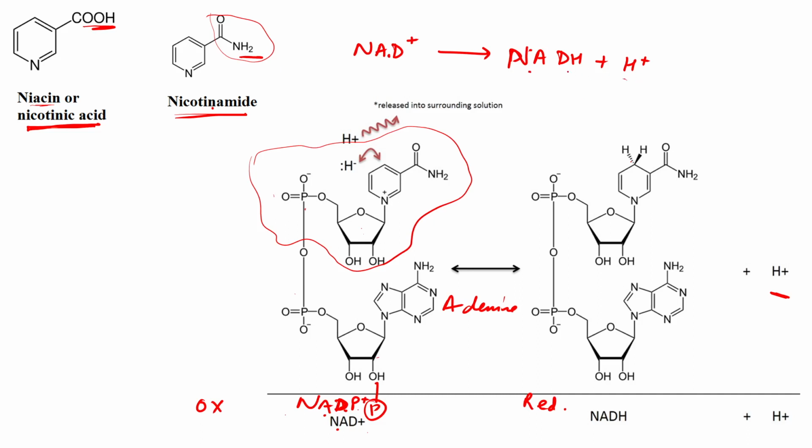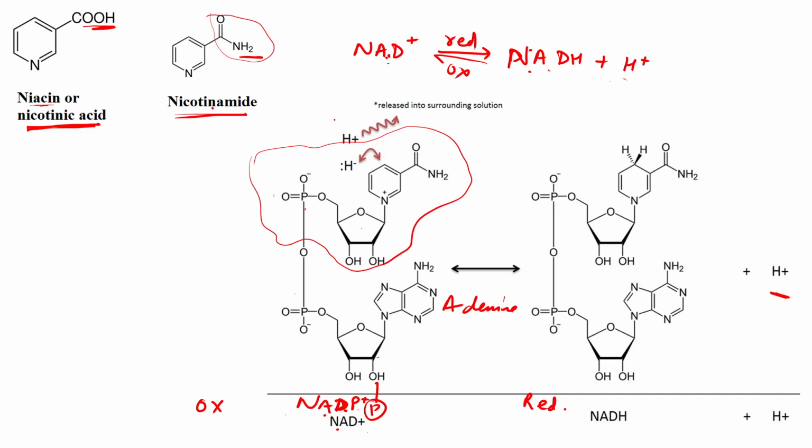Gain of proton is happening in this direction, so this is the reduction reaction, and this will be the oxidation reaction. So NAD plus is reduced to NADH plus H plus. This is also involved in a redox reaction like FADH2.